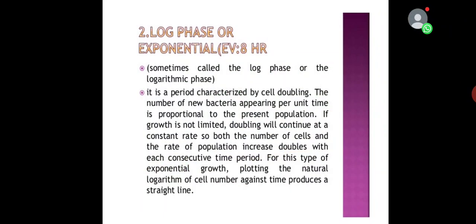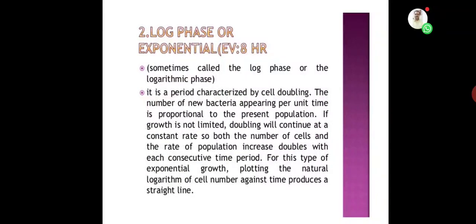Whereas the log phase is also called the exponential phase or logarithmic phase. Why is this called the exponential phase? The doubling of the bacterial cells takes place following the formula 2 to the power of n.